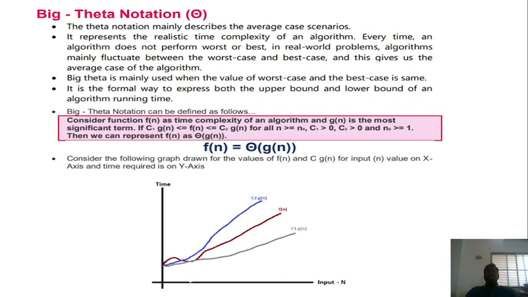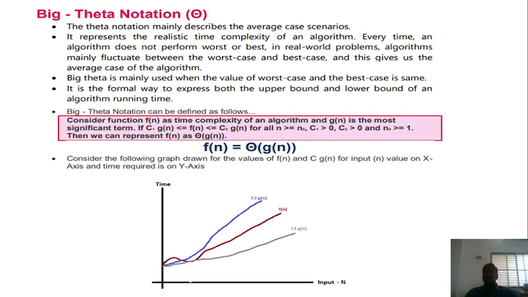the big theta notation. This theta notation mainly describes average case scenarios. We already know that it may take maximum time or it may take less time to complete. So in realistic time complexity, every time an algorithm does not give the same result.